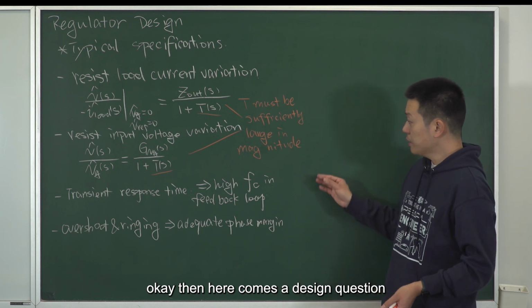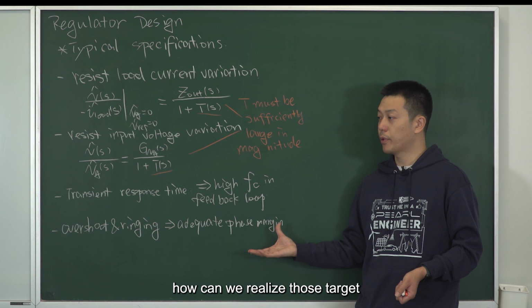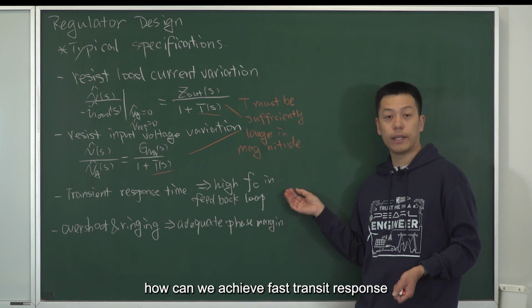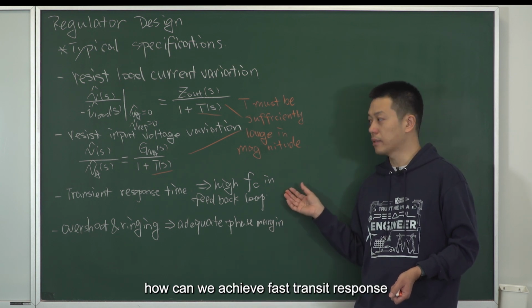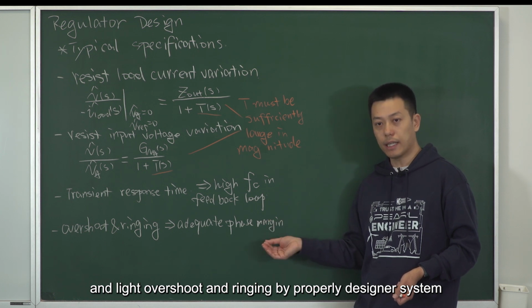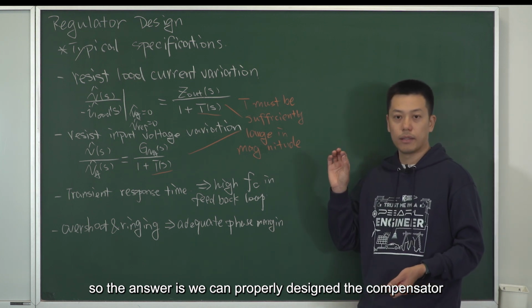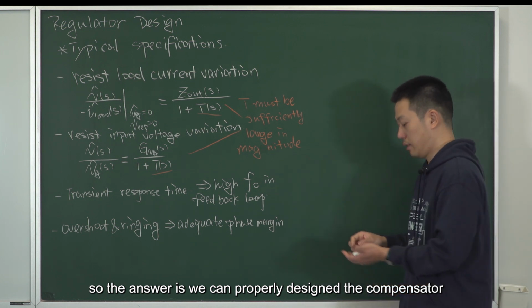Okay, then here comes a design question. How can we realize those targets? How can we achieve fast transient response and low overshoot and ringing by properly designing the system? So the answer is we can properly design the compensator.